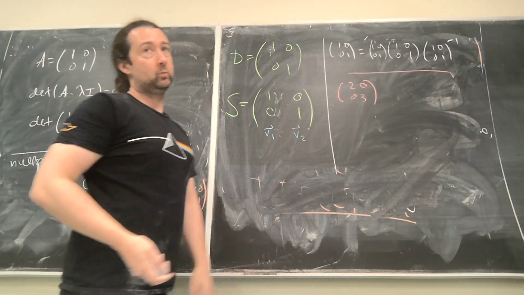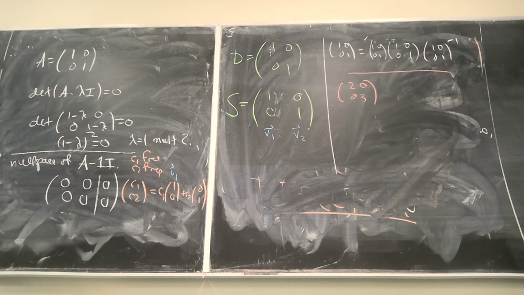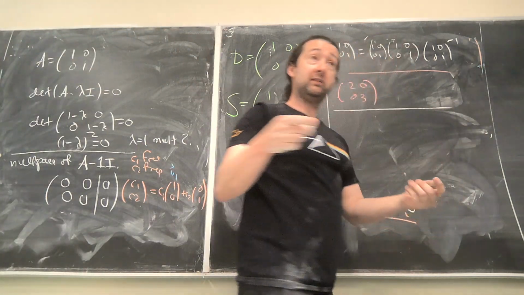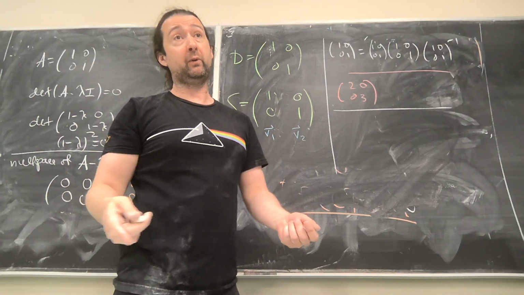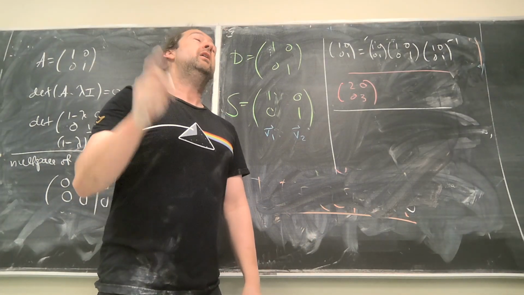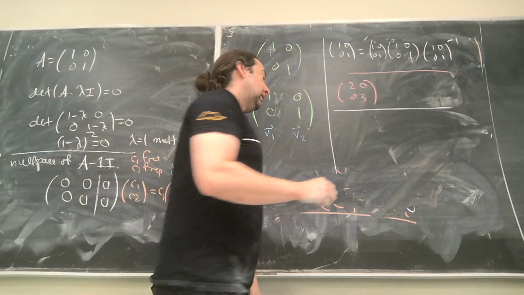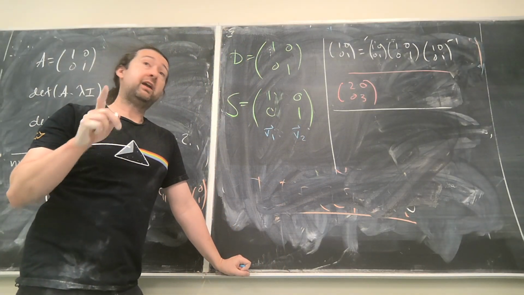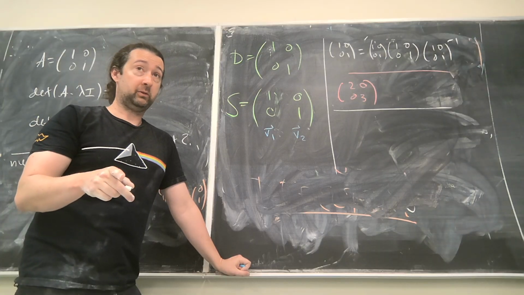Yep. How do you know that it works with eigenvalues? So the reason, I just don't have time to prove that today. I can show you the argument for why it works, at least in the 2x2 case, because it makes it clear what's going on. The reason that it works is if two matrices are similar, they have to have the same characteristic polynomial.